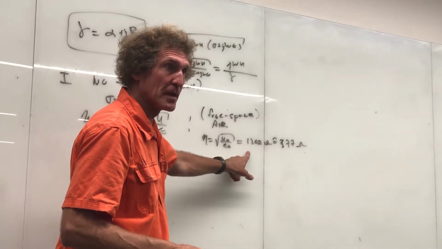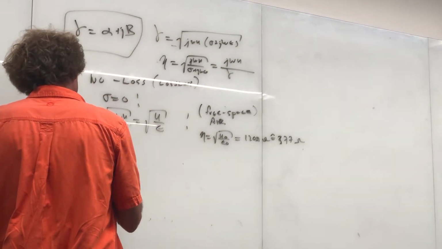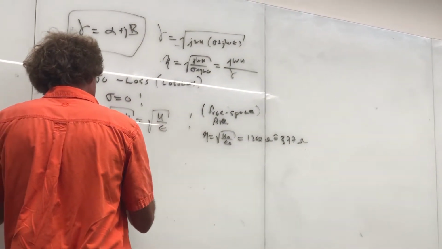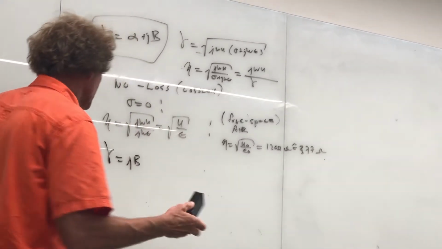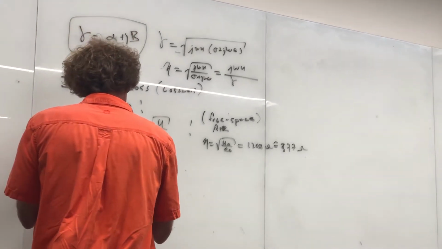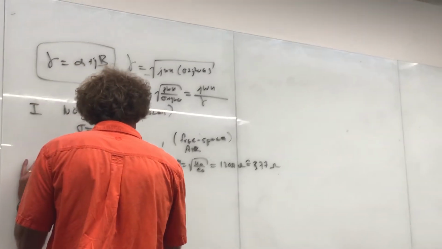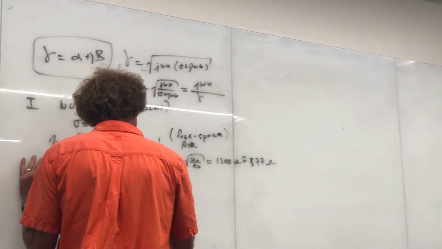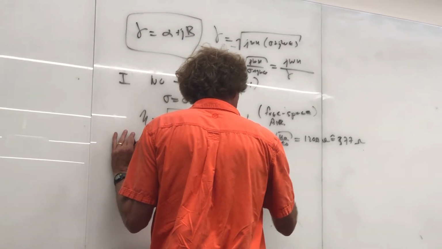With me? Now, next, if we look at the propagation constant, that's alpha plus j beta, the way it's usually rendered. Then you can see that's the square root of j omega mu times 0 plus j omega epsilon, right?